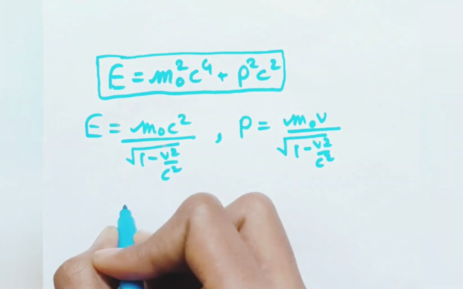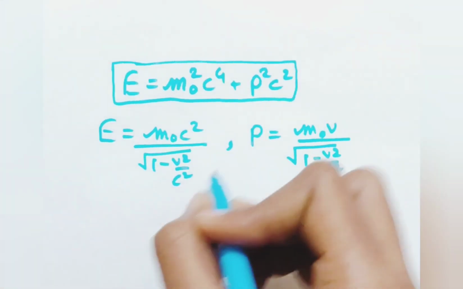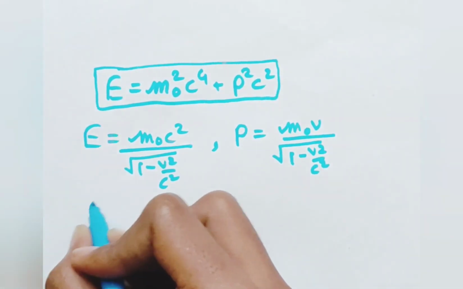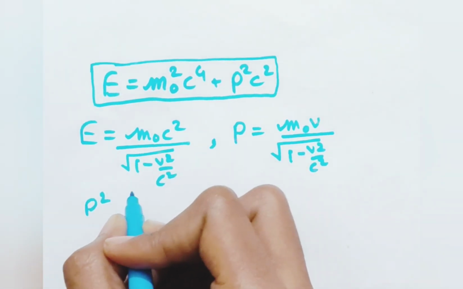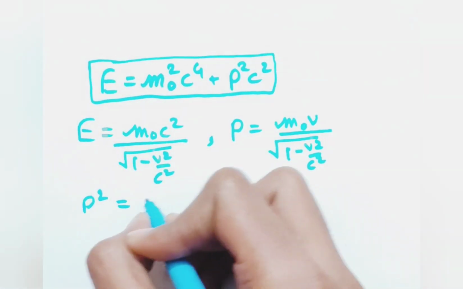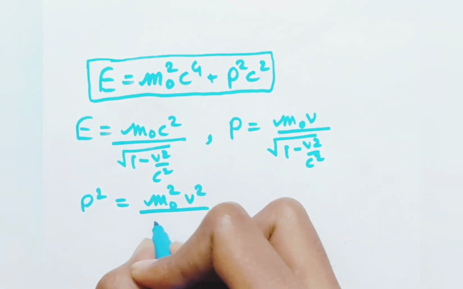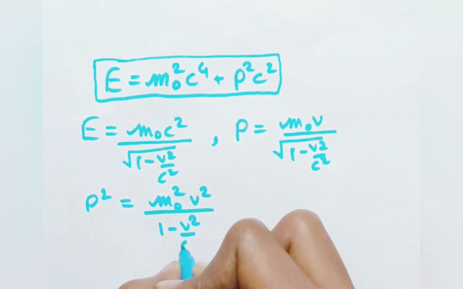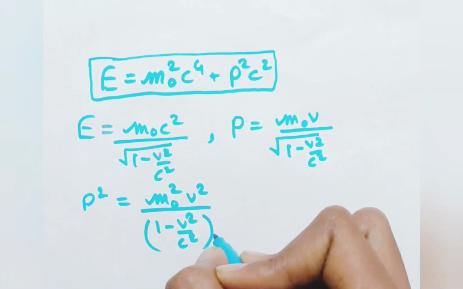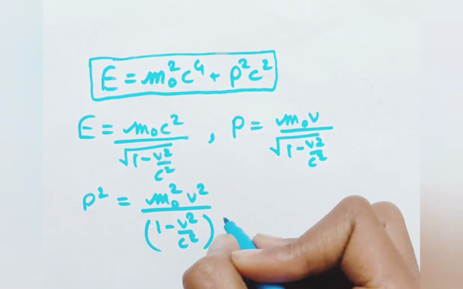So what we can do is take this equation and square both sides, so we get p squared equals m naught squared v squared divided by 1 minus v squared over c squared. And doing this, we get rid of the square root term.